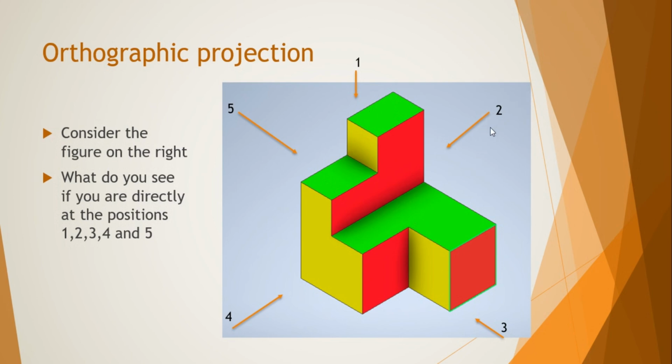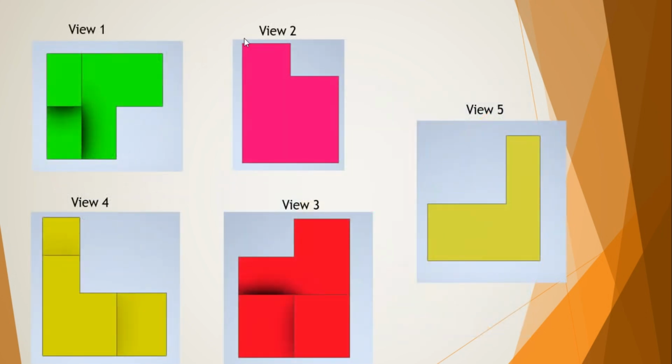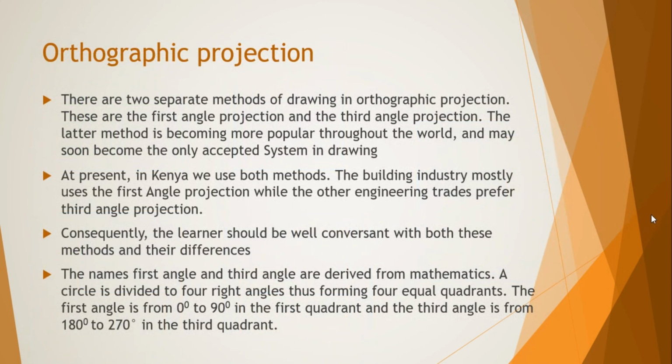And at point number 5, although it cannot be clearly shown here, for points 2 and 5, we'll demonstrate that shortly. So the next slide will show us how the views will be represented, and as you can see, this is for view 1, view 2, 3, 4 and 5 as it follows. I'll show you that shortly in Inventor.